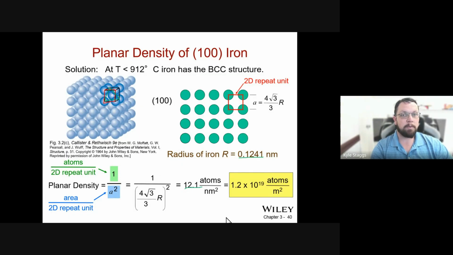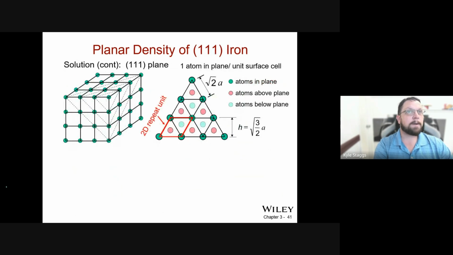So going back to this, trying to tie it back to something we understand here. These unit cells, again, you can see on their diagram, the 2D repeat unit is now almost rhomboidal, even instead of triangular.